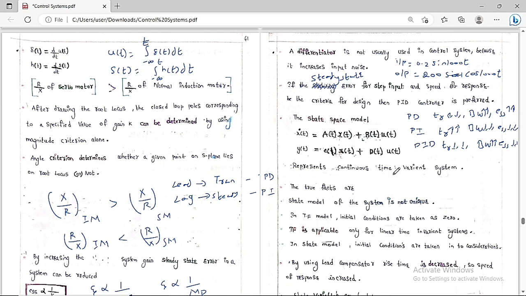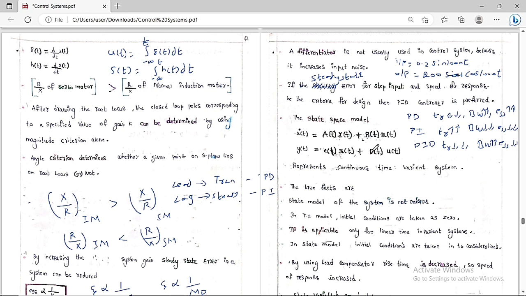Suppose the variables x, u, and y are with respect to time, but A, B, C, D are constant with respect to time, then it is going to represent the continuous time invariant system. But if A, B, C, D are also varying with time, then it is a time varying system.